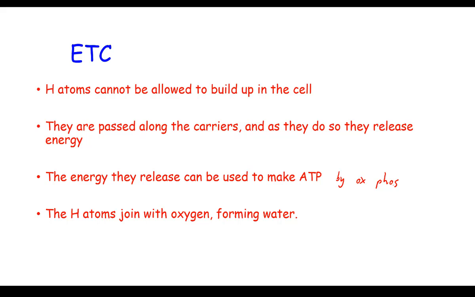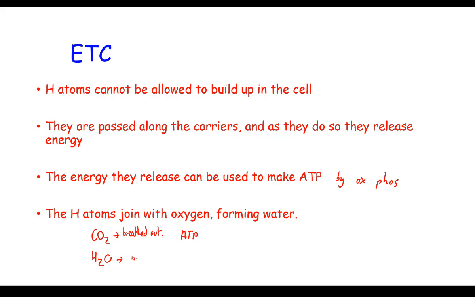Now, the main products of respiration are carbon dioxide, water, and ATP. Now, the carbon dioxide is breathed out. So your cells produce the carbon dioxide, it then diffuses into the blood. The blood goes to the lungs, and then from the lungs it'll diffuse into the alveoli, and then you breathe it out.